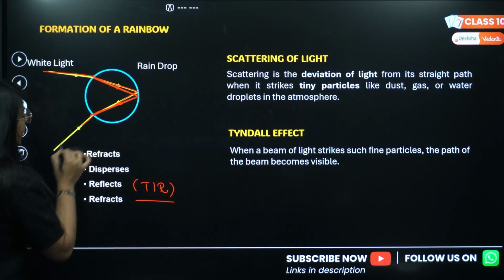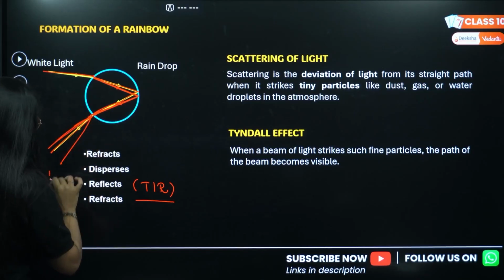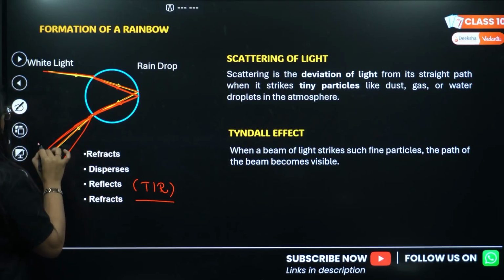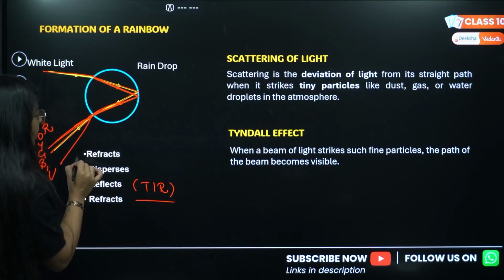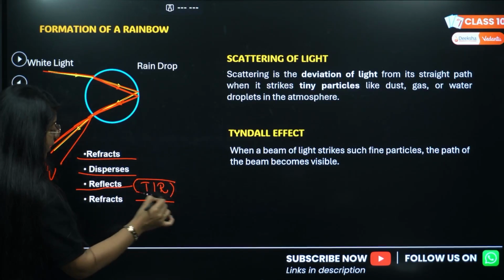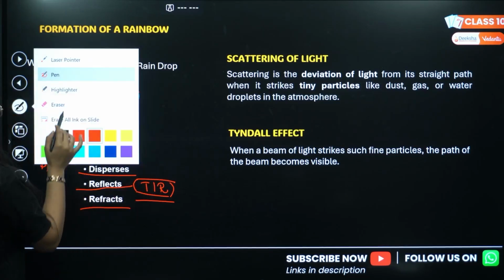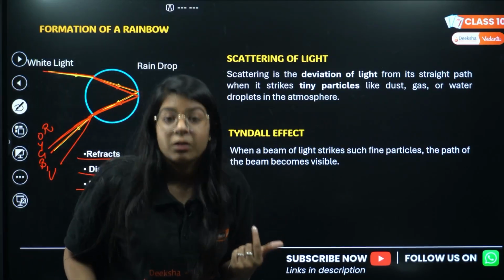Understood? And again the refracted ray comes out in the form of VIBGYOR, which we see on rainbows. So first refraction happened, then dispersion, then total internal reflection, then refraction again while the ray is coming out of the water droplet.